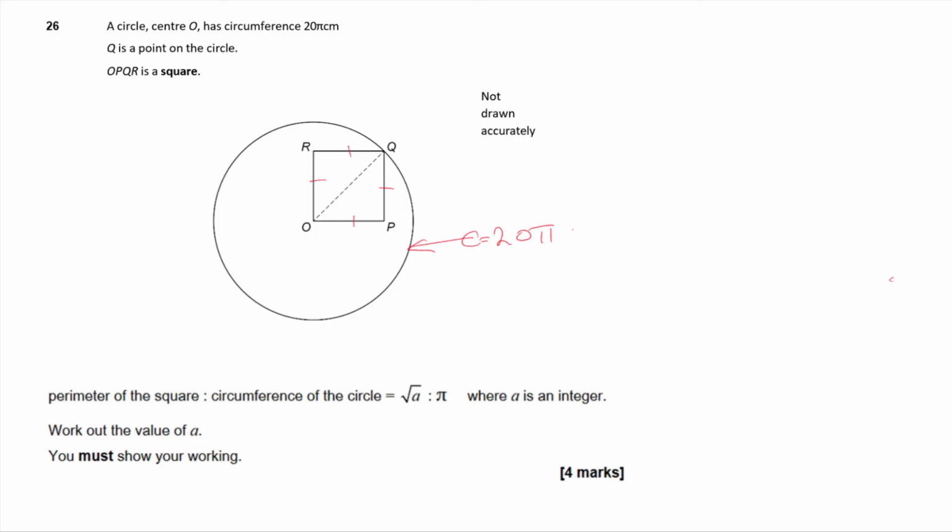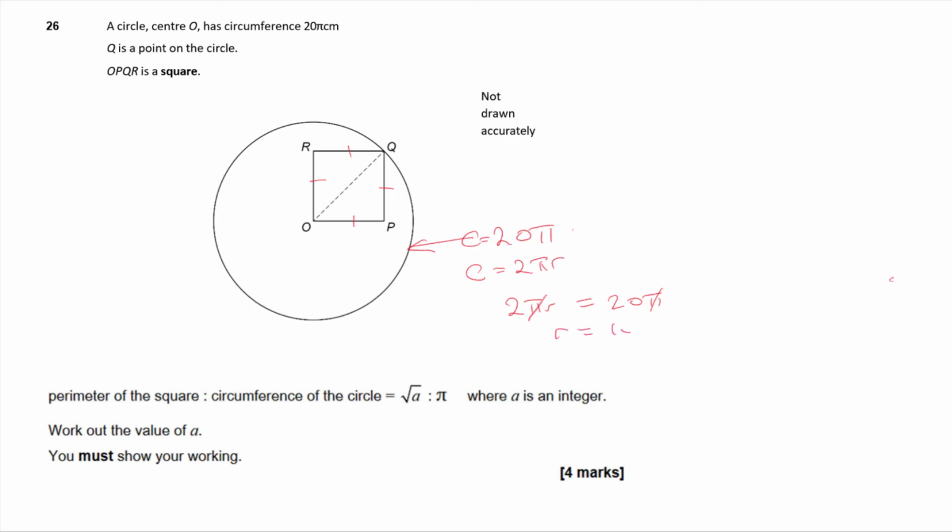Right, so what can we derive from the facts that we know? We know that the circumference is 20 pi, but we also know that circumference is equal to 2 pi r. So if 2 pi r is 20 pi, then pi's cancel. That means 2r is 20, so r must be equal to 10, mustn't it?